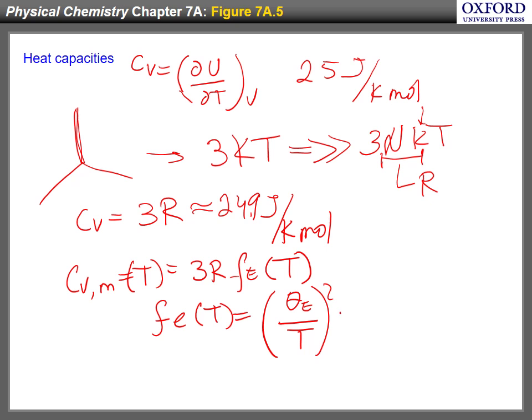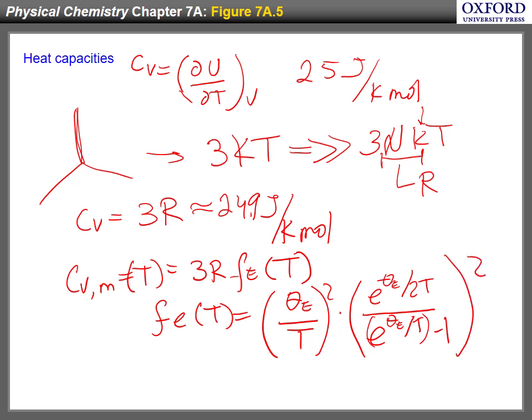That equals a number that is known as Einstein temperature divided by T, squared, times the exponent of this component divided by the exponent of the Einstein temperature component divided by T, all minus 1, squared.